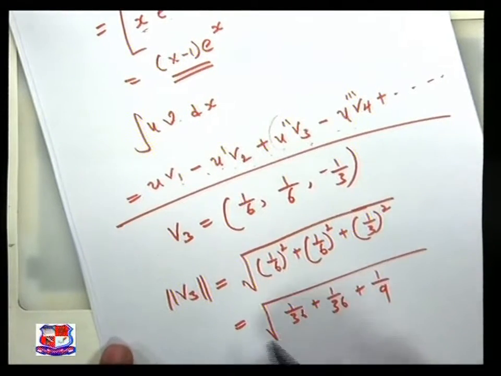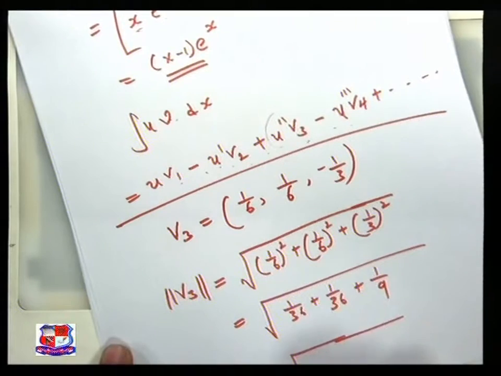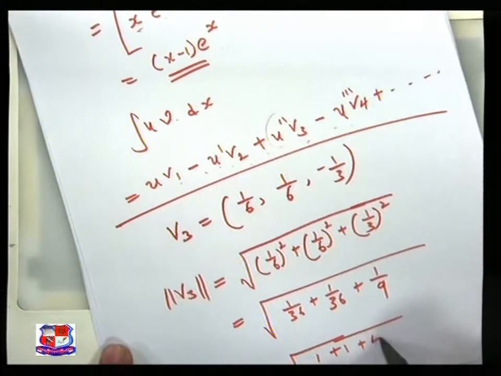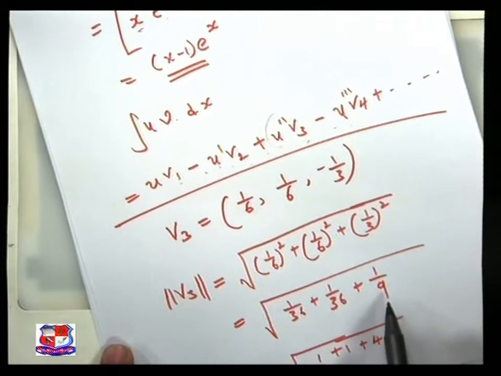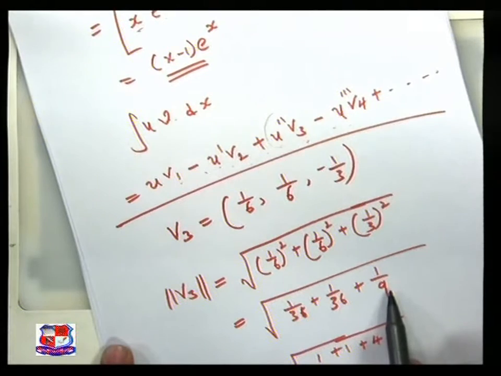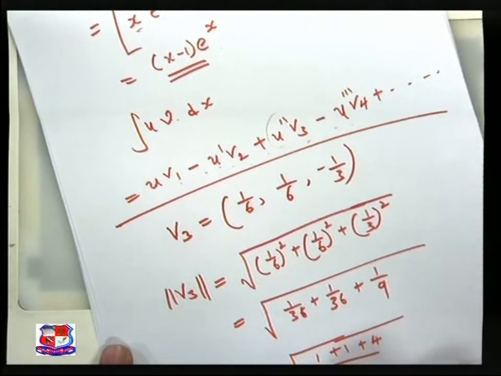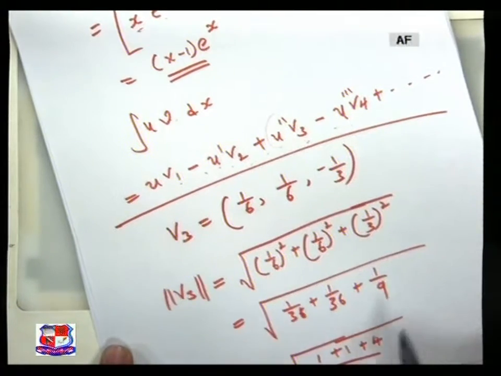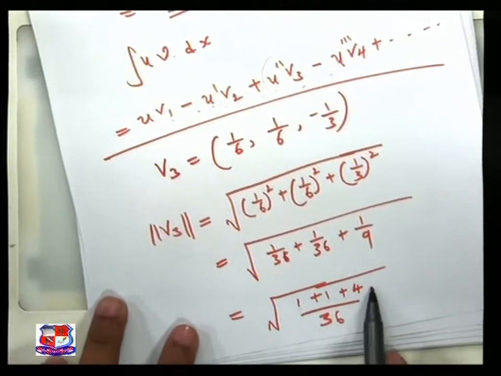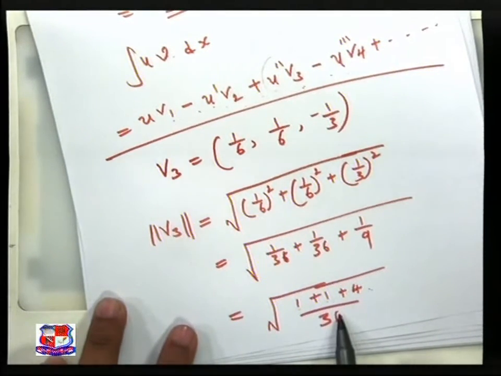Taking the LCM as 36, 9 into 4 is 36, so we multiply by 4: that is 1 plus 1 plus 4 upon 36, which is 6 by 36, that is 1 upon 6.